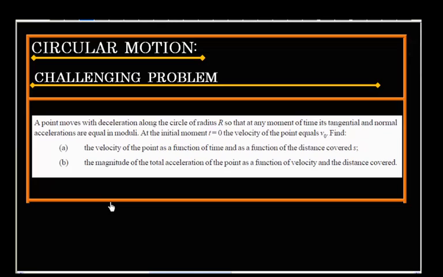This problem is related to tangential and normal acceleration.